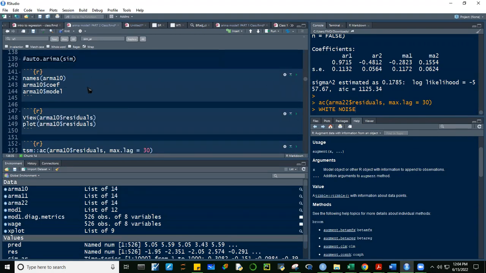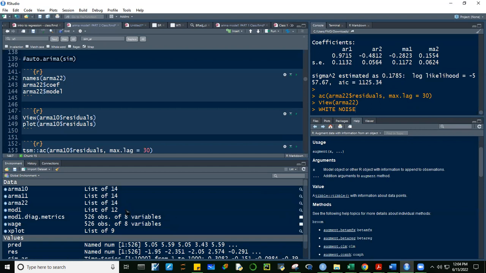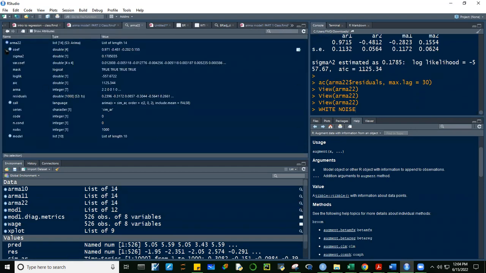Okay, so just a quick review here, although yung 2-2 model na ginawa natin. Kasi ARIMA 2-2 guys, di ba? It's a list, no? If we highlight this, yung list ng ARIMA 2-2 natin. So may coefficient siya.